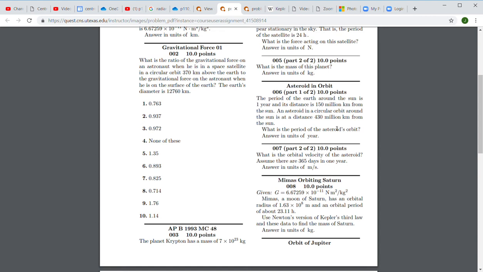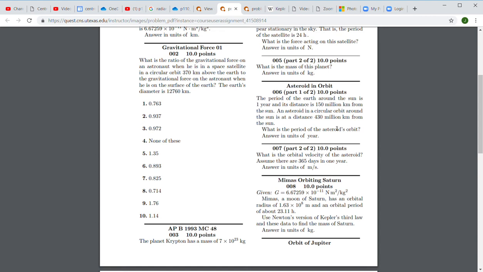So in this case, we know the Earth's period, which is 1 year. 1 year squared divided by 150 million kilometers cubed is equal to the unknown T of the asteroid squared divided by 430 million kilometers cubed, and solve for the unknown period of the asteroid, because they're both equal to the same constant, so they're equal to each other according to Kepler's third law.